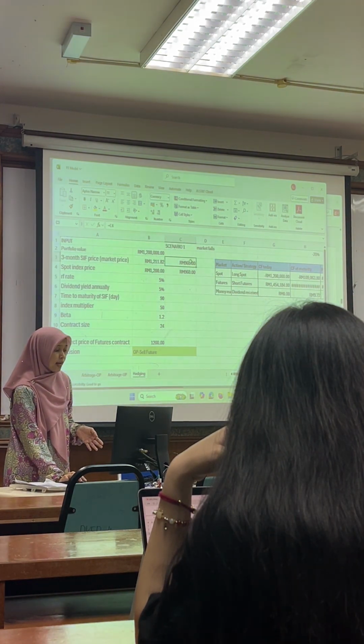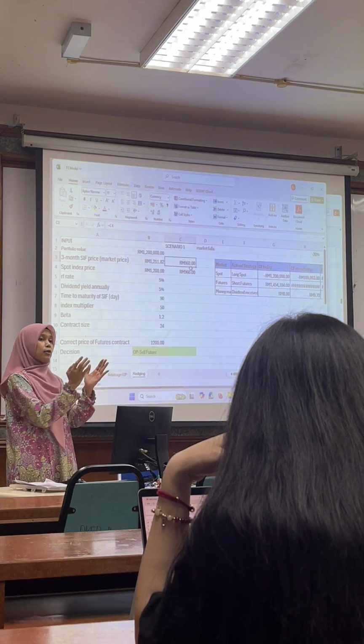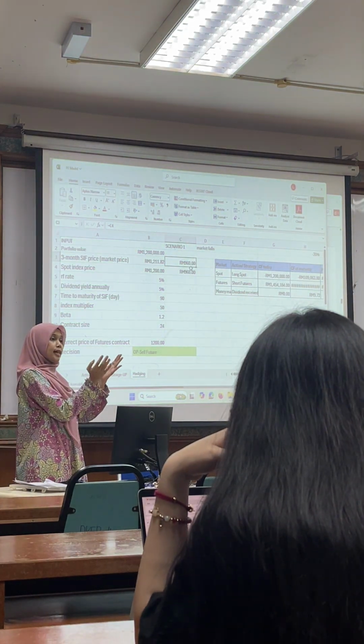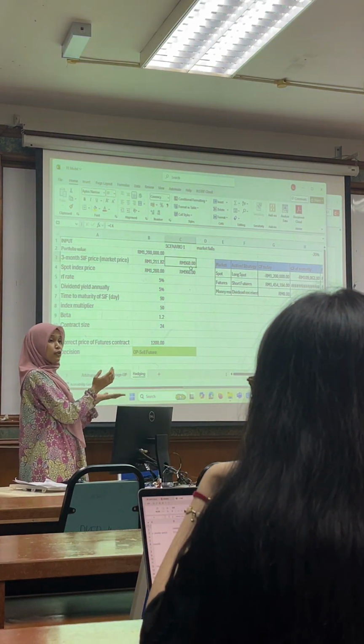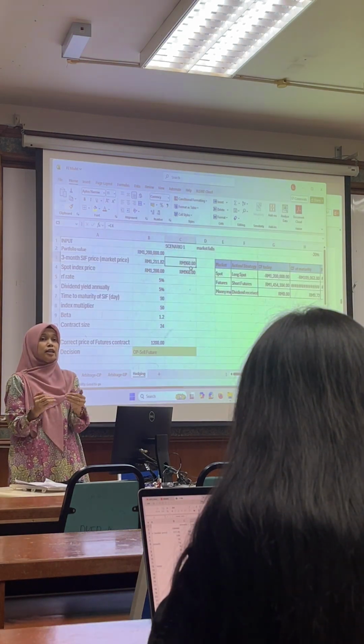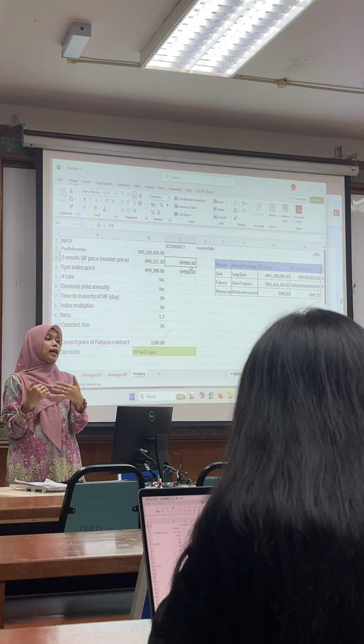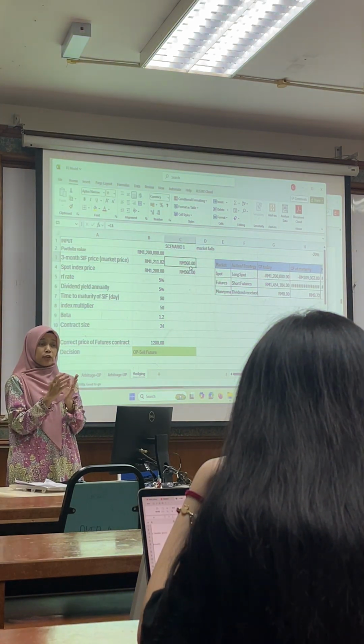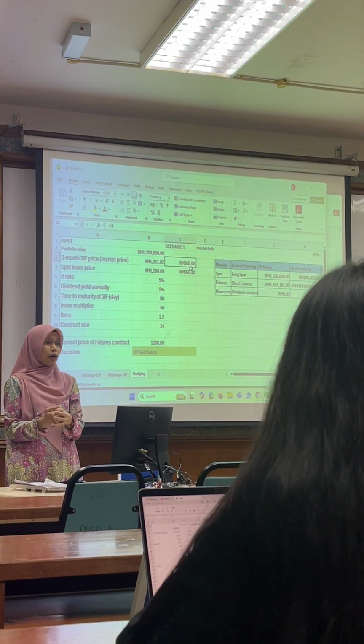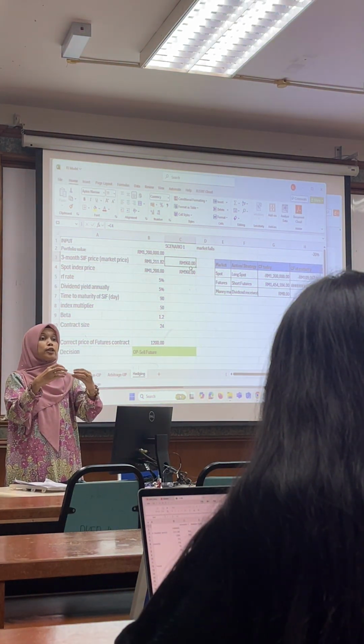Because we assume that at maturity, the future price from three months ago has now happened. It's assumed that now it's January, so the January contract has become the spot already. It merged into one price.